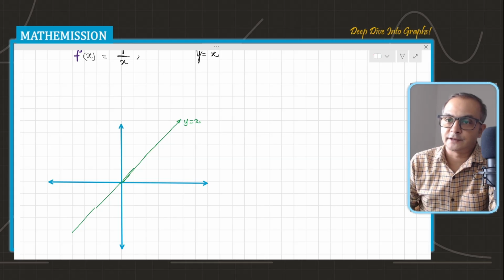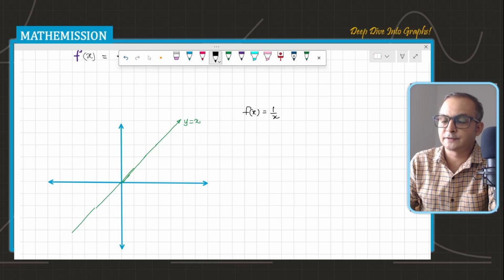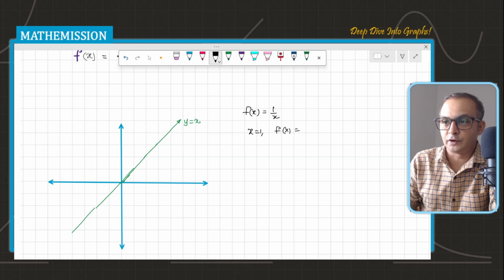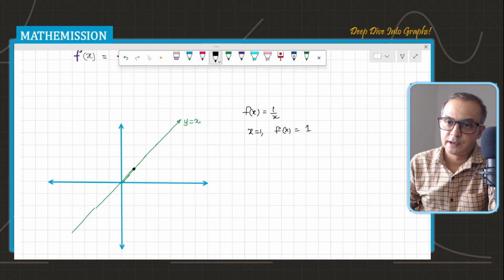You can see that if I have the function f(x) = 1/x, to draw it from y = x, when x equals 1, the function value for this is also 1. It means at 1, the reciprocal value will also achieve the same 1. And at minus 1 also it will give you the same.